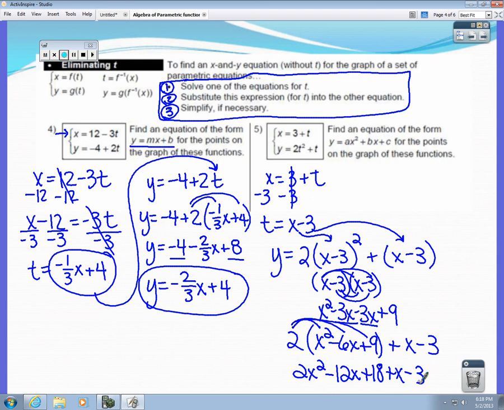And when I combine like terms, the negative 12x plus x, and the 18 and the negative 3, I will end up with y equals 2x squared minus 11x plus 15. And that is my final answer.